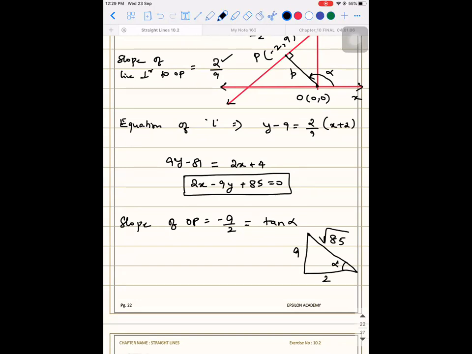Now let's logically think of one fact. What is sine alpha from this triangle? It is 9 by root 85. What is cos alpha from this triangle? 2 by root 85. But what do we need to keep in mind? This perpendicular OP is in which quadrant?